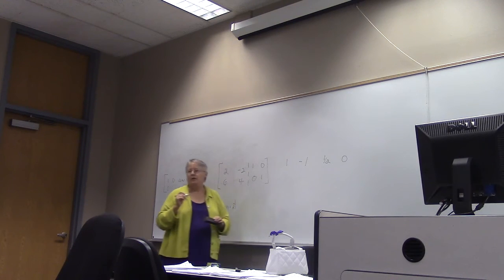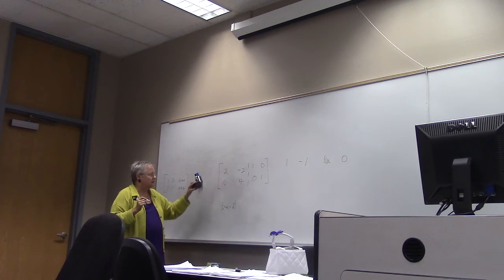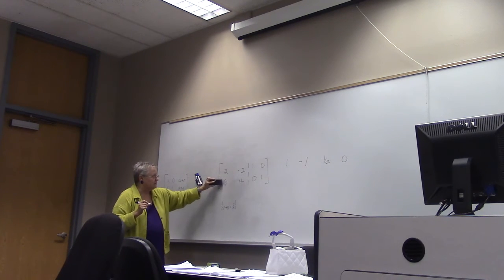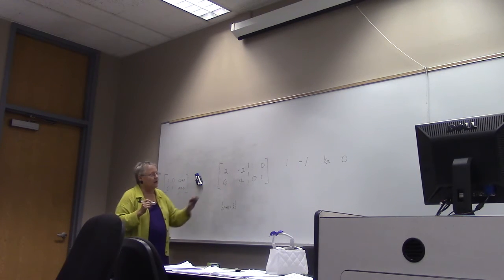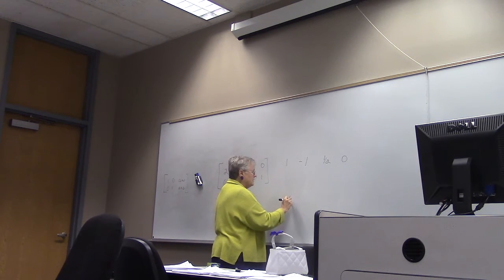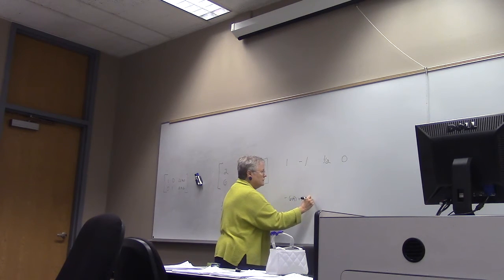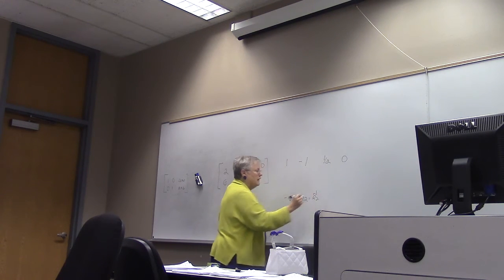No, that's going to give me a 1 there. Sorry. That would be, add 6 times the first one. So I'll use this row and say -6 row 1 plus row 2 is a new row 2. Are we all okay with that?